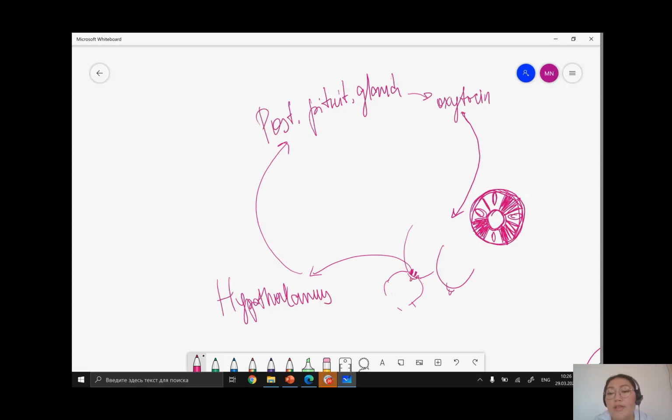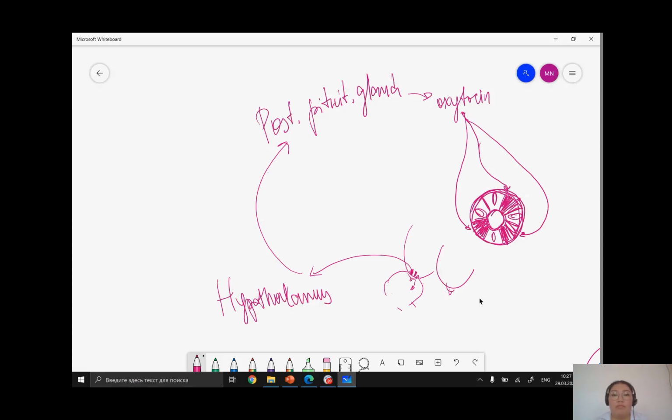The myoepithelial cells act as the smooth muscle tissue, and in this particular case, oxytocin acts on these myoepithelial cells to contract. They will contract and eject the milk out of the secretory cells into the duct, into the milk duct, into the mammary duct, yes. And the next, the milk will be ejected from the mammary gland into the oral cavity of the baby.